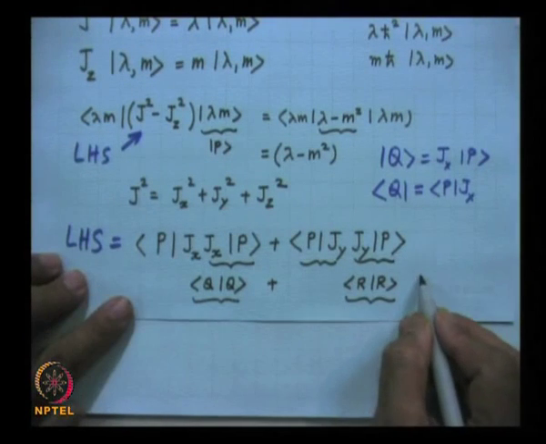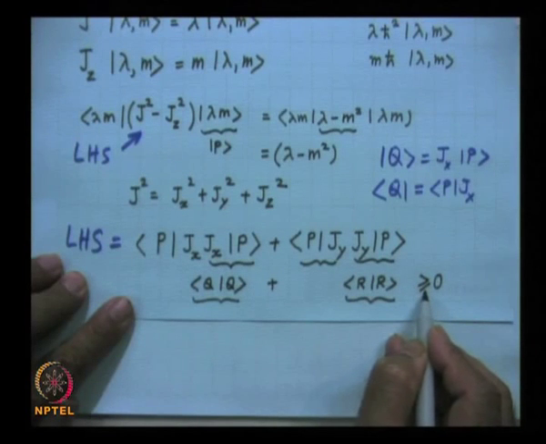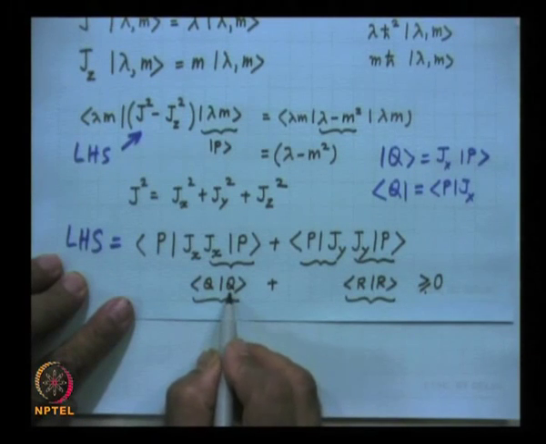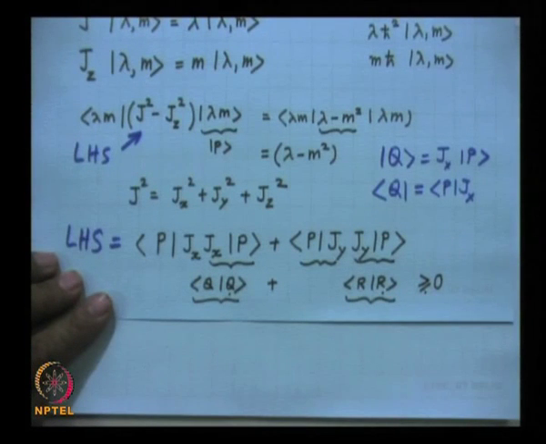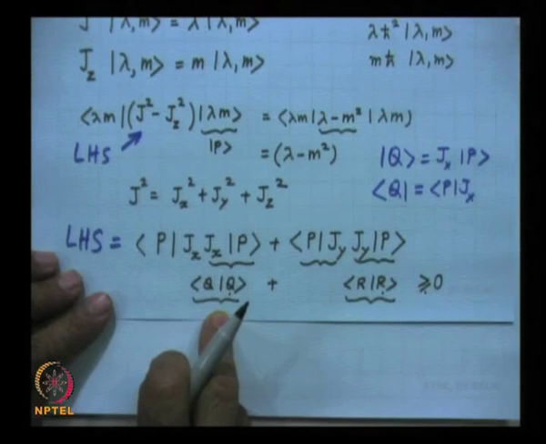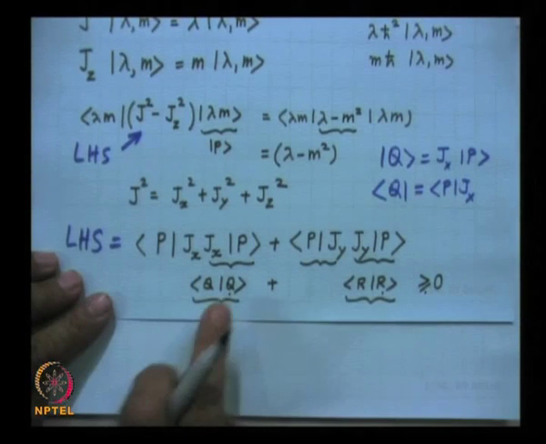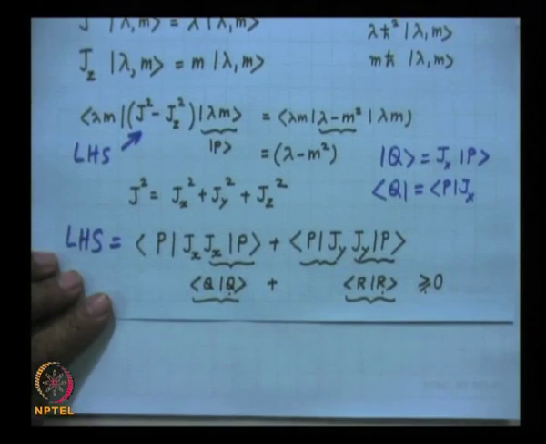So, the left hand side is greater than or equal to 0, equal to 0 only if ket q is a null ket and ket r is a null ket. These are two positive definite quantities or can be 0 also. So, unless each one of them is 0, the sum is always positive.